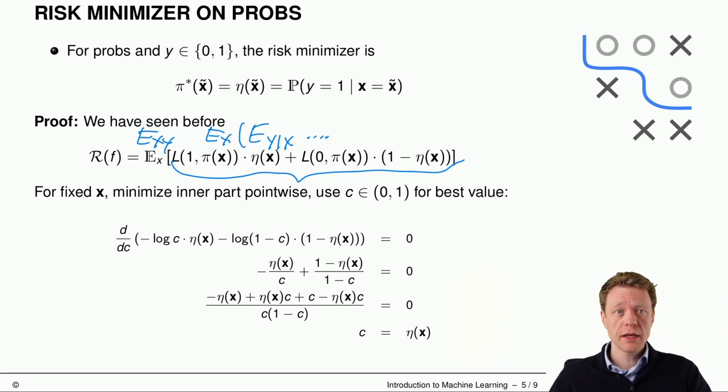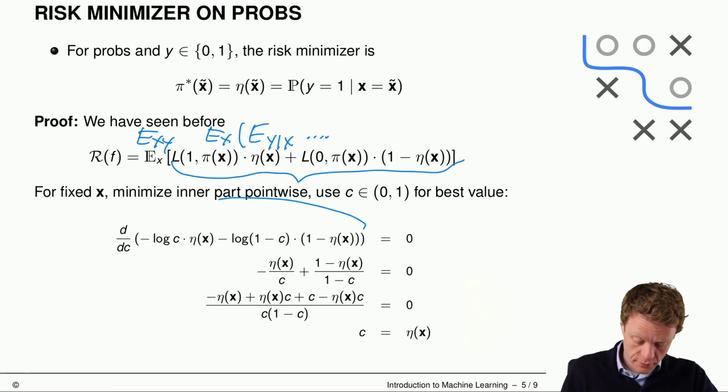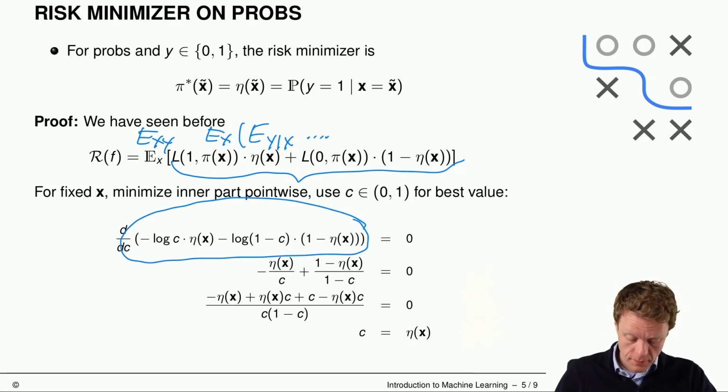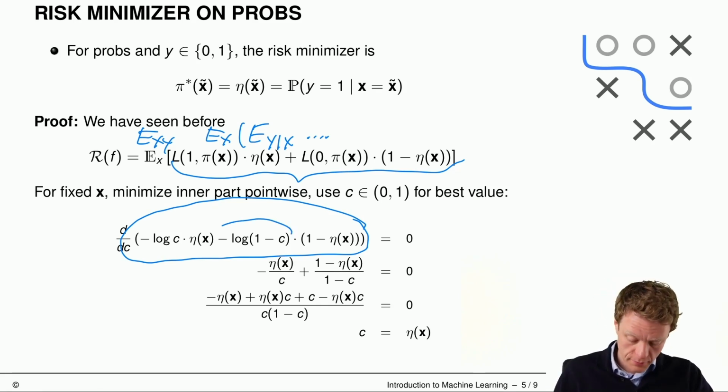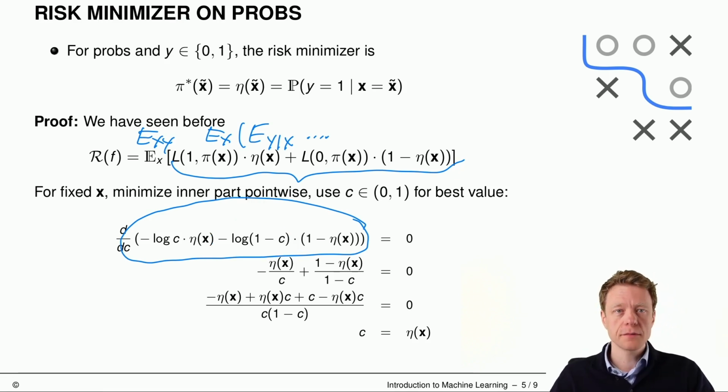What we do now is we insert the loss function, and then we have this part here, minus log c, that is if we insert 1 into the loss function, and minus log 1 minus c, that's if we insert 0 in the loss function. And we want to minimize this, so we take the derivative.